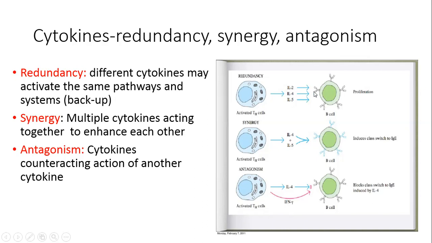So if you had some cells that had only a receptor for interleukin-5, the cell would still proliferate. It's a backup system: different cytokines can activate the same pathways and have the same effects on the target cell. Does that make sense? Okay.